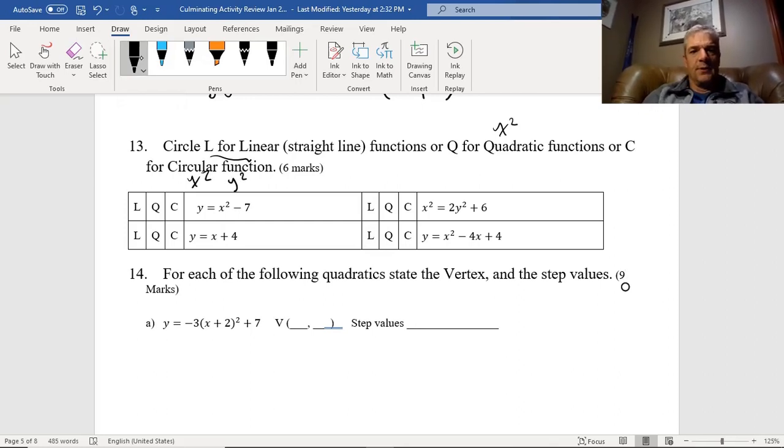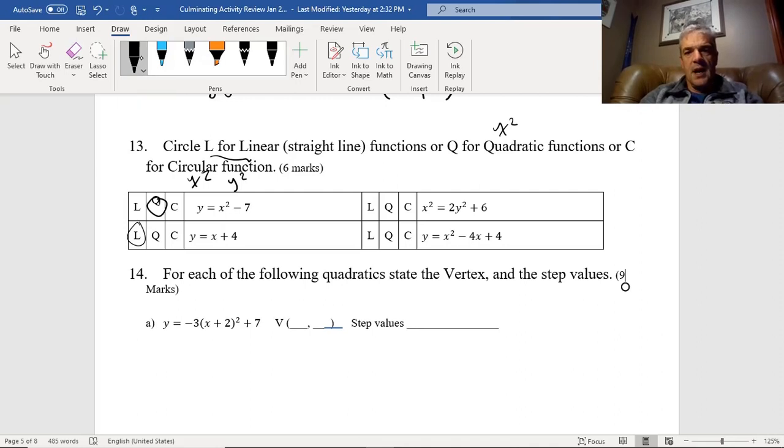So when I look at the very first one, I have y and I have an x squared, so therefore this is quadratic, so I'd circle the Q there, okay? Then I look at the next one down, y equals x plus 4, that is clearly linear, there's no variable squared, so we'd circle linear.